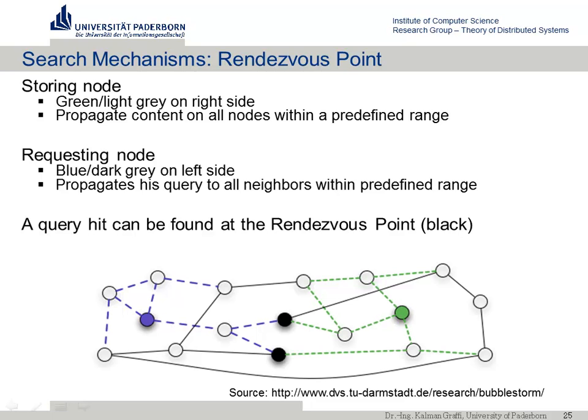And the requesting node, the violet one on the left side, doesn't send out a flooding or follow a random walk, but also contacts a specific subset of nodes and asks them whether they have information about this specific content. And the black nodes are a match. So both the information about the content has been stored and the request reached these nodes. And this is basically the concept of a rendezvous.